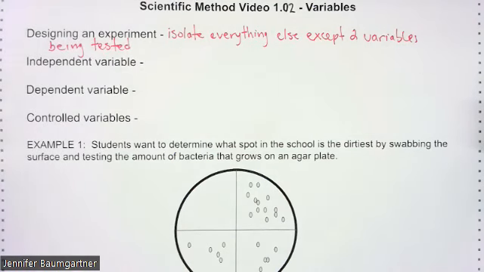And the two variables that are being tested are called the independent variable and the dependent variable. Everything else that is not the independent and dependent, we have to do what is called controlled.